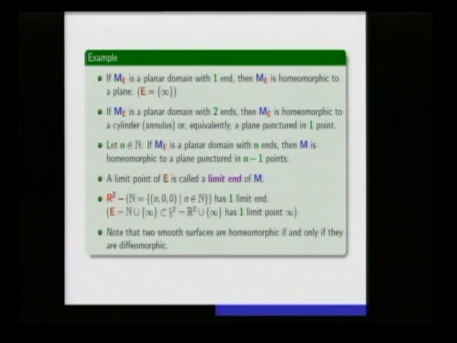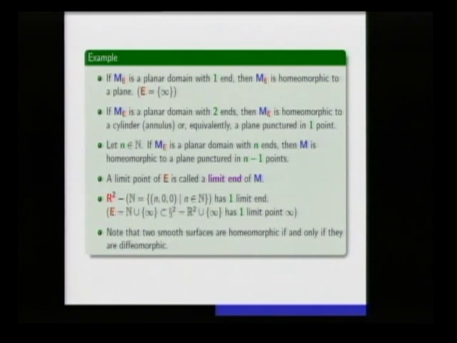Okay. Right. A planar domain with one end, if you're genus 0 with one end, it just means you're diffeomorphic to the plane. You remove one point from the two-sphere. That's diffeomorphic to a plane. So we're talking about planes. If you remove two points from the two-sphere, then you are a cylinder.